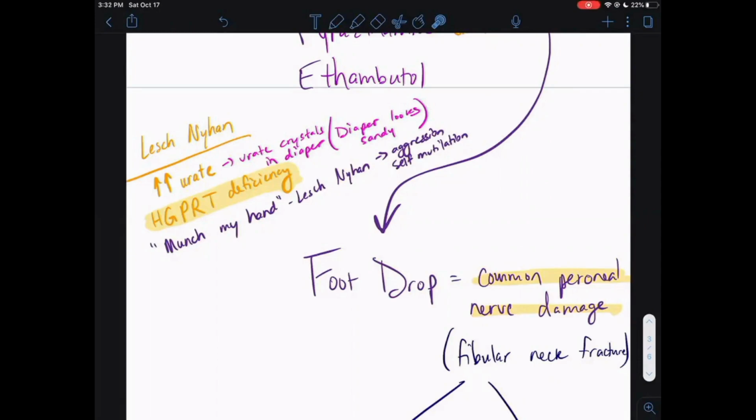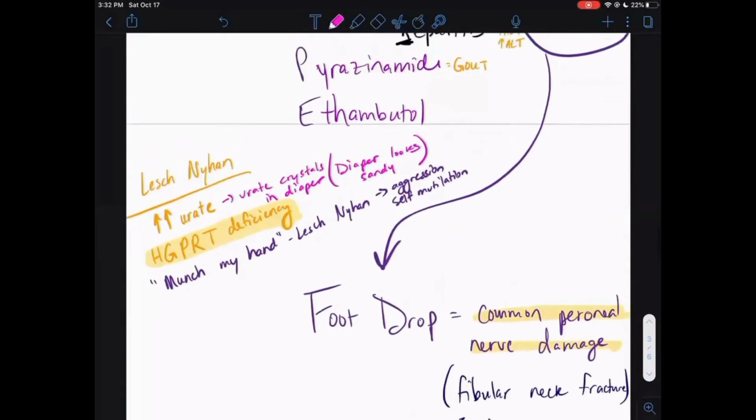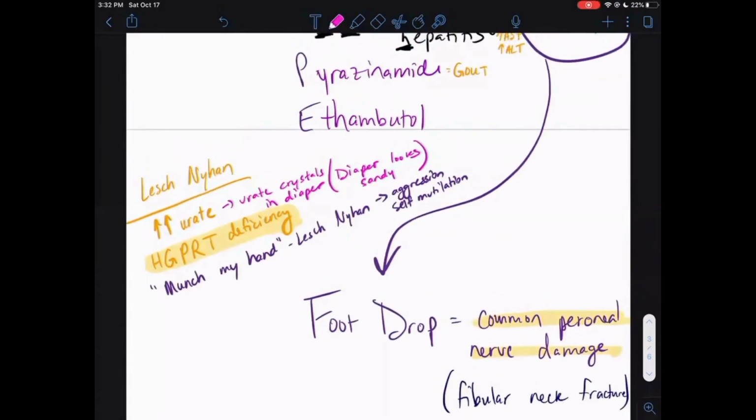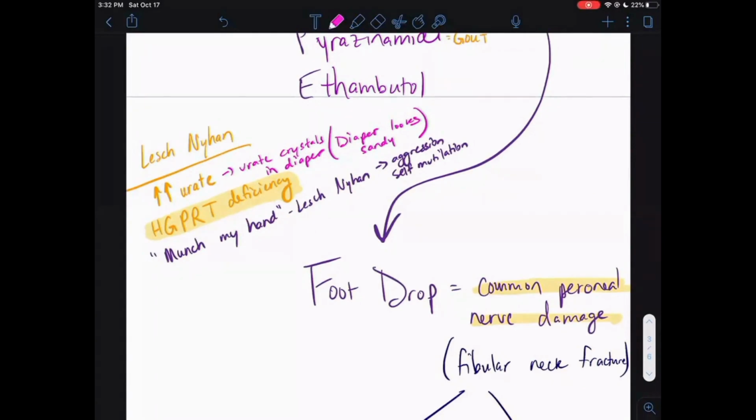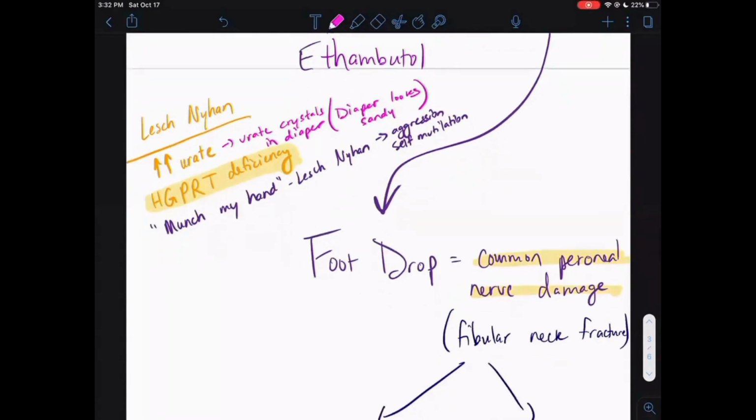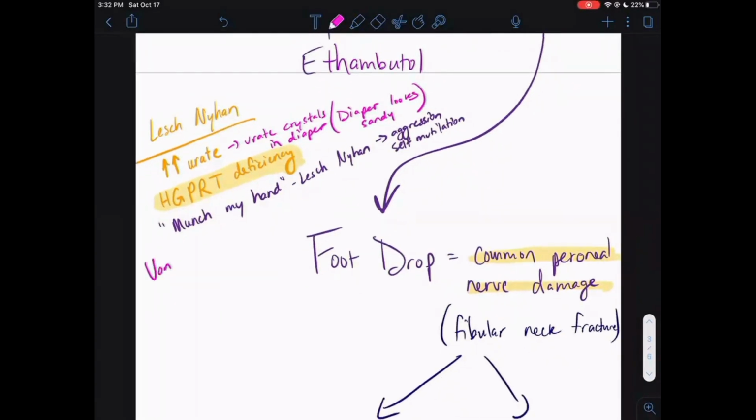Here's a good tie-in for anybody that's looked at their glycogen storage diseases. I really want to tie this in here for you guys. Which glycogen storage disease has the association of having gout? I'll give you a second here. So think back to your biochem. The glycogen storage disease number one is called von Gierke disease. So von Gierke has gout.